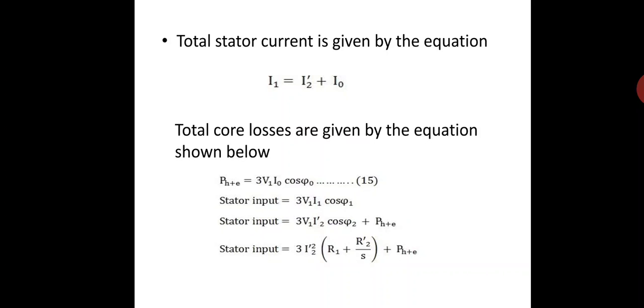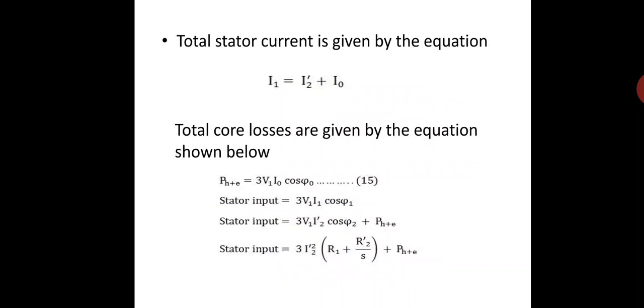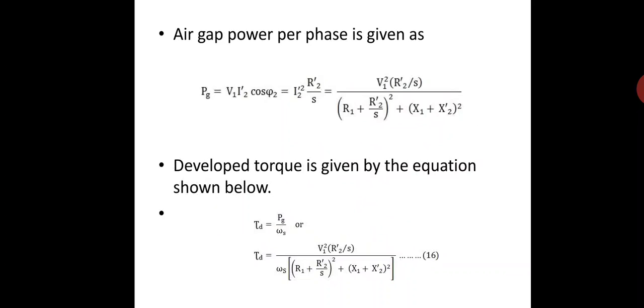Now we can add these two, we will get the stator power loss, and here substituting the stator input, instead of V1 substitute I1 into R, and finally the expression becomes 3 I2'² into (R1 + R2'/S) plus the no load loss. PHE is nothing but the no load loss.